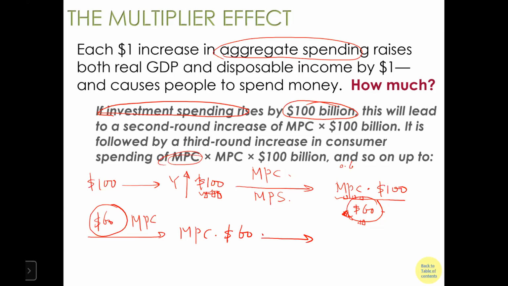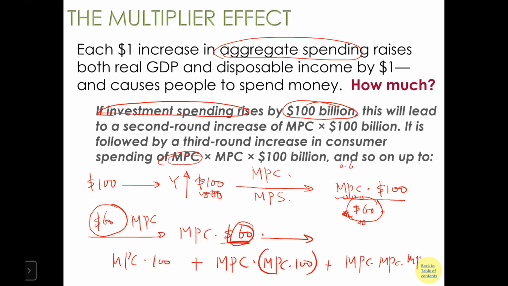And then finally, what would be the impact of this initial stimulus check on our economy? We need to add everything together. So we need to add MPC times 100, this initial spending, plus MPC times, actually here this should be MPC times 100, because this 60 comes from MPC times 100, and plus MPC times MPC times MPC times 100, and so on and so forth.